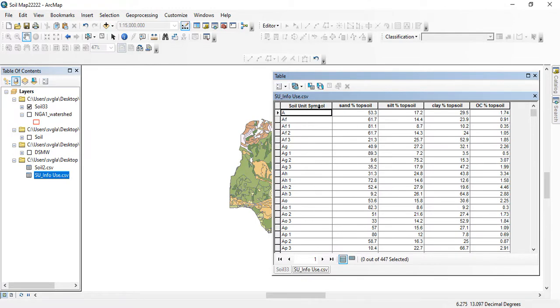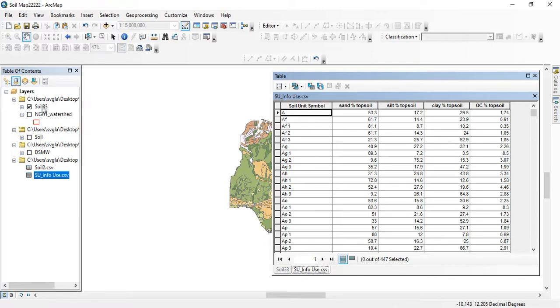Now I have the soil unit symbol, which is the same thing as my dump soil in the database for the map produced, and the sand percentage, silt percentage, clay percentage, and topsoil organic carbon percentage. I have more soil types than are present in my watershed. All I need is just to match the tables together.